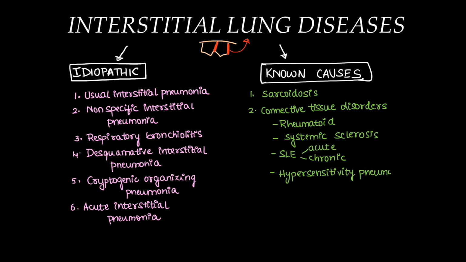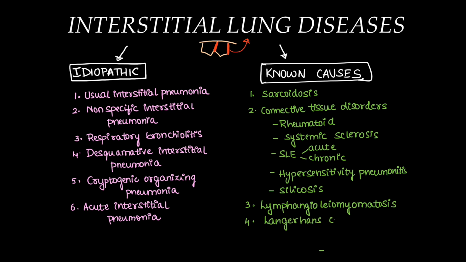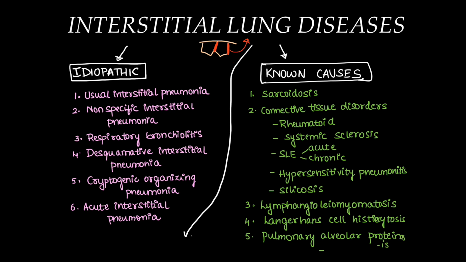This also can be acute, subacute or chronic. Next is silicosis. Next we have lymphangioleiomyomatosis and Langerhans cell histiocytosis. The last one we have is pulmonary alveolar proteinosis. All these can cause interstitial lung diseases.